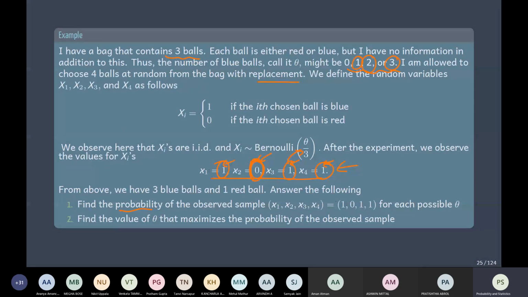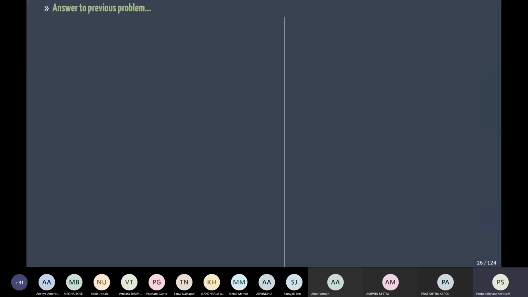Now we can write this concretely. So, solution here. First, what we know is that xi is Bernoulli. What is the probability that I observe a blue ball?